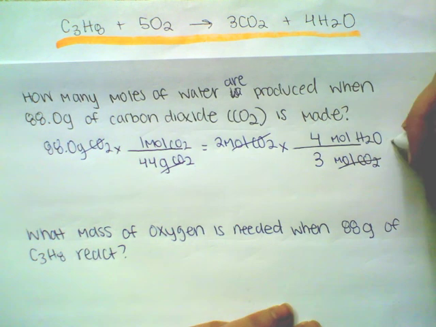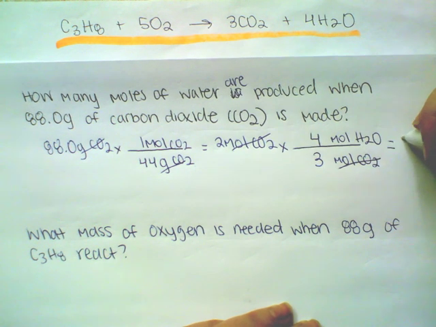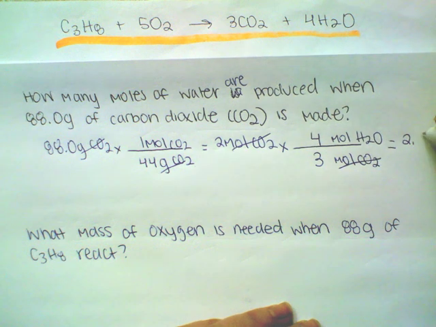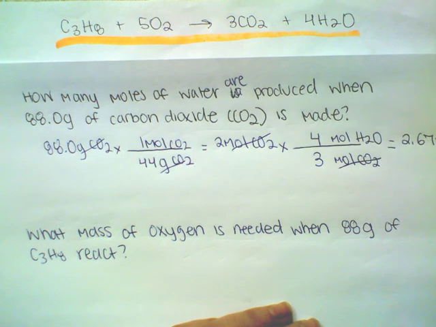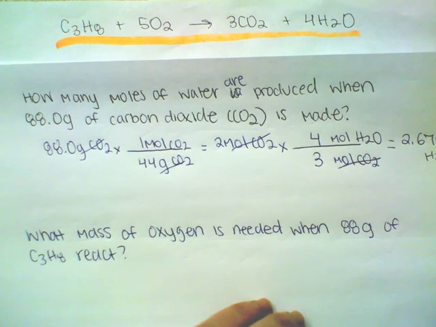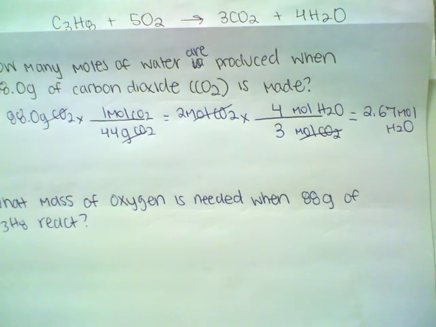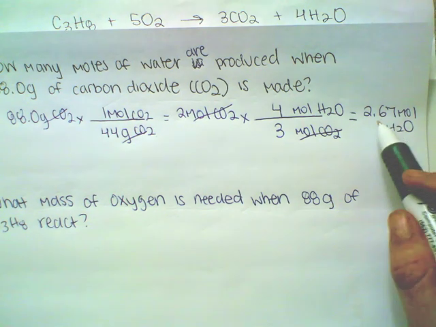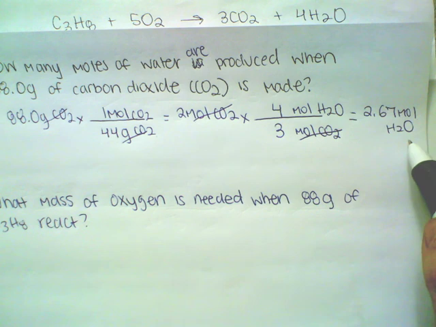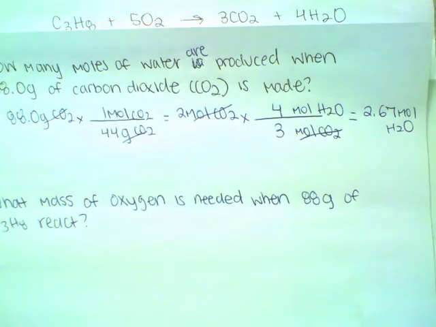Okay, so 8 divided by 3, 2.67 for sig figs, and that is moles of water. Okay, so you get 2.666666, so I'm going to round that to 2.67 moles of water. Okay, and then we are done at that point because the question asked for moles.